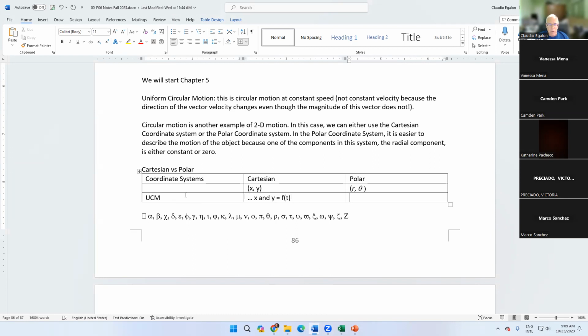The advantage of the polar coordinate system is that the r coordinate is constant, and theta is a function of t. One of the coordinates is not a function of t. So x is f of t, y is g of t, but r is constant, and theta, I will call h, is a function of t.